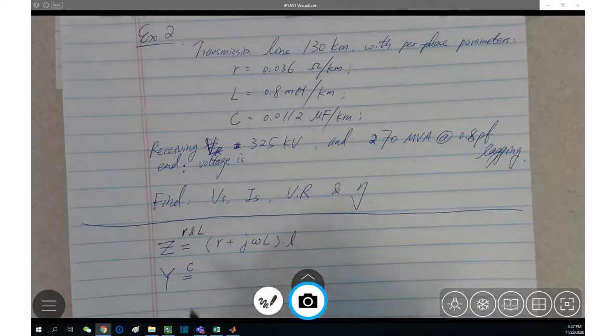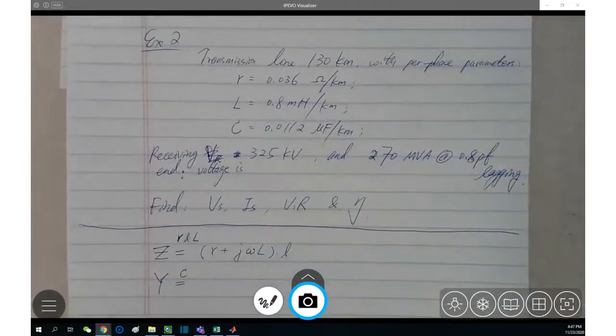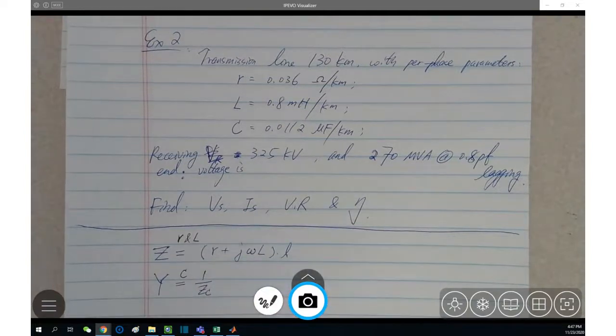And Y equals what? Anyone knows Y equals what? That should be 1 over ZC, right? Does it make sense? It's 1 over ZC.